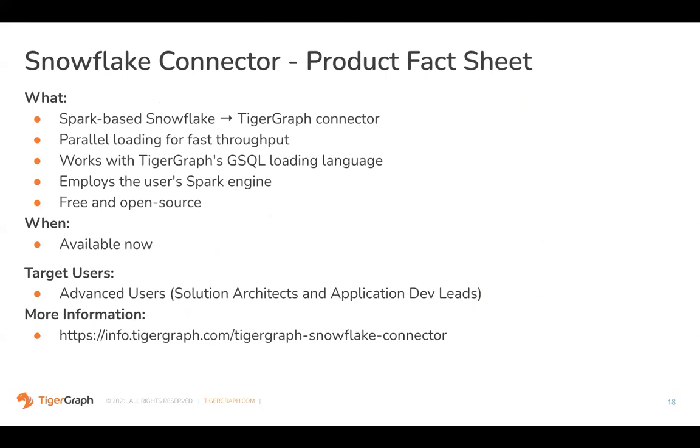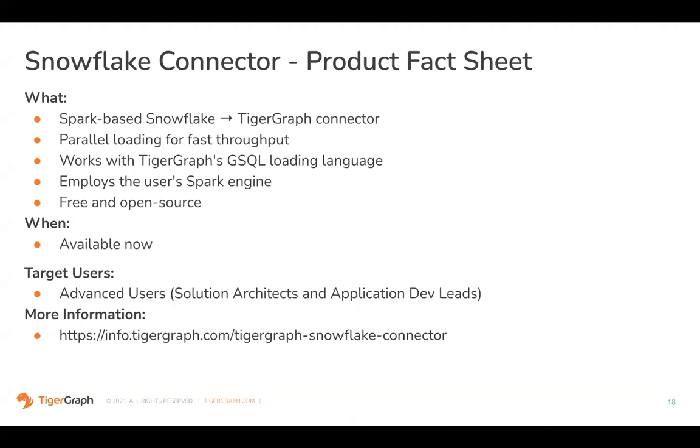It leverages TigerGraph's GSQL loading language. If you are not too familiar with it, it's very easy. It's SQL-like, so a lot of the ETL logic can be implemented through this SQL-like language. And as I mentioned, it employs the user's Spark engine. So if you already have a Spark engine, you can repurpose that rather than stand up a new Spark cluster.